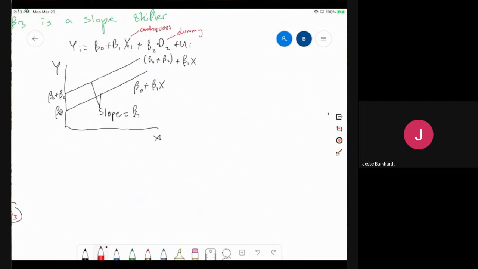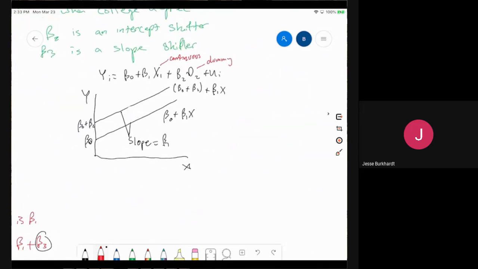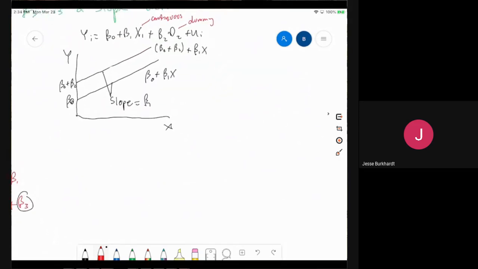Our slope is always going to be beta 1 because that's the continuous variable. d2 is just an intercept shifter, as we saw before. In this case, beta 2 is an intercept shifter. It shifts the intercept. It causes the regression line to go up. When d2 is equal to 1, then beta 2 enters the model, and our intercept is going to be beta 0 plus beta 2.